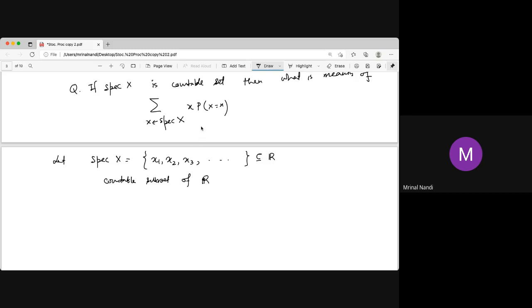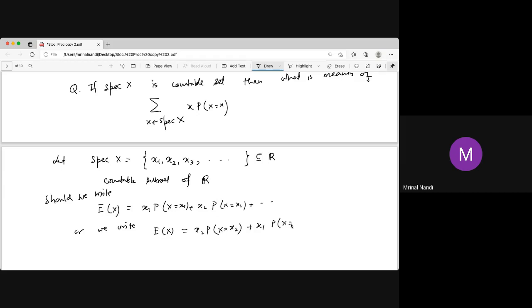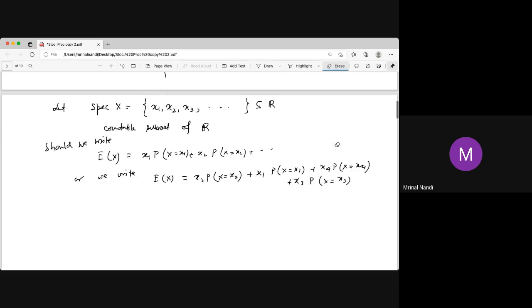Now the question is, which term will you write first? Should we write the expectation of X as x1 times probability of x1 plus x2 times probability of x2 in that order, or write it in another order, say first x2, then x1, then x4, then x3? These two things are different.